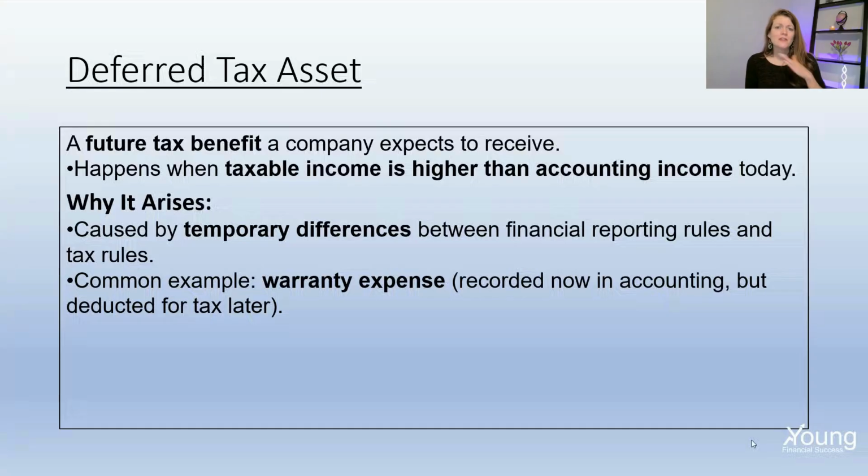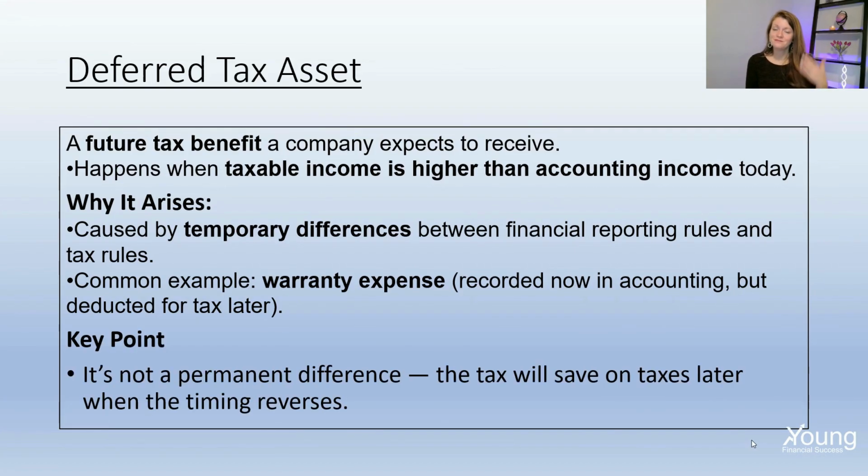For tax purposes, they're like, no way, you don't get to make an estimate as to when the warranty is going to come through. Instead, you have to go ahead and pay taxes on that money now. When they exercise the warranty and you have those expenses, then you can deduct that and your taxes will be lower later on. Again, it's not a permanent difference, it's just temporary and it will reverse out later.